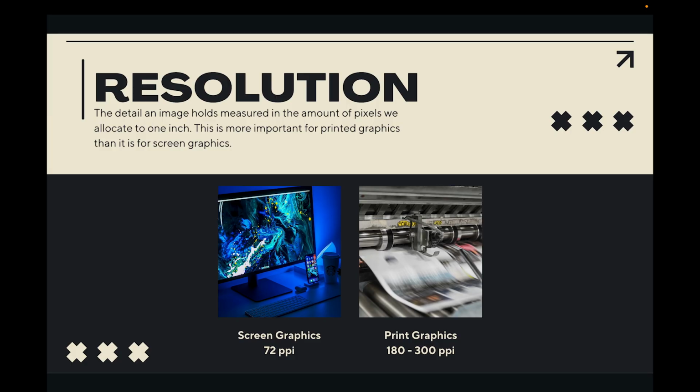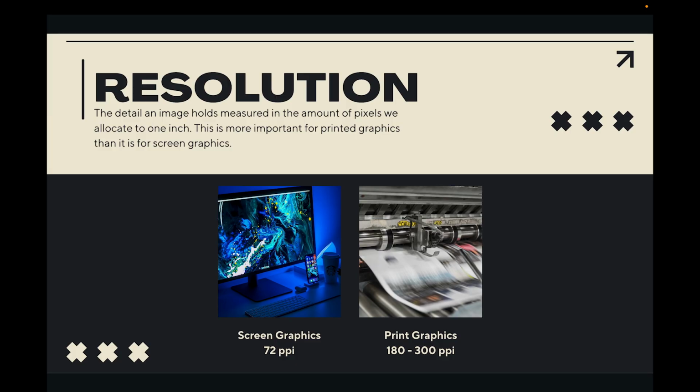However, for screens, resolution doesn't matter for the final output. A 1000 by 1000 pixel image will look the same on the web no matter if it's 72 dpi, 300 dpi, or even 1 dpi. However, it's still generally recommended to use 72 dpi when designing for screens. The reason why is that typography within your design software is measured in points, and 1 point is 1/72 of an inch.